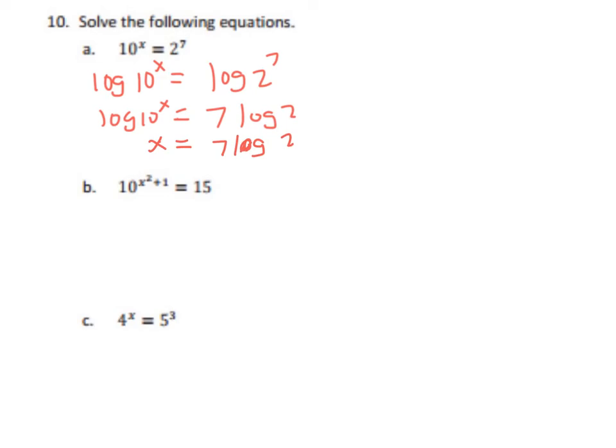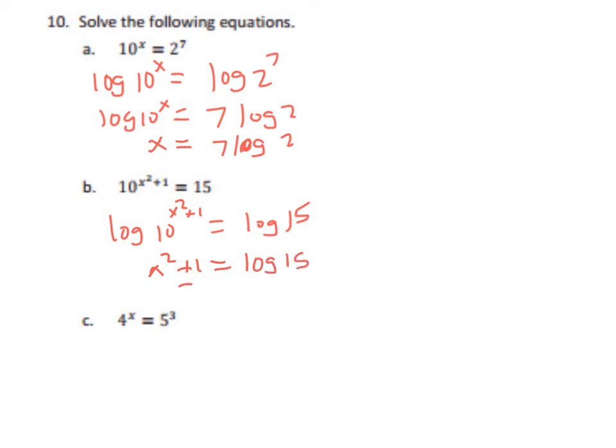The next one, you've got 10 to that, so you've got basically log of 10 raised to the x squared plus 1 equals log of 15. So x squared plus 1 equals log of 15.